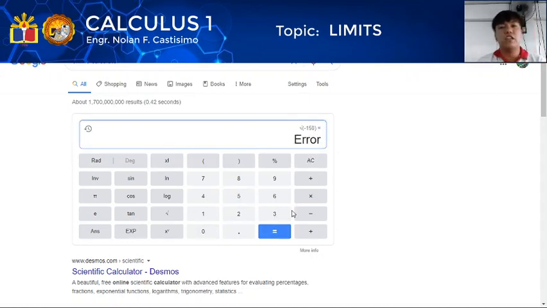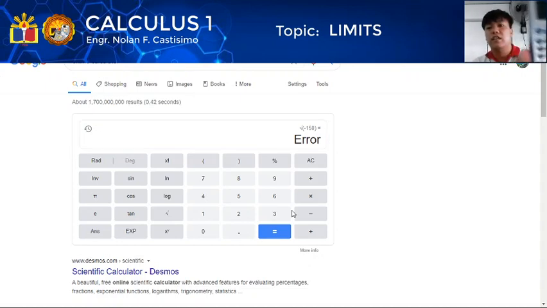Okay, so online calculator yan. Try naman natin siyang i-compute dito sa scientific calculator natin. So, square root of negative 4. Okay. Ayan. Math error. So, any negative number is squared, and pag kinuha natin yung square root niya, error yan.